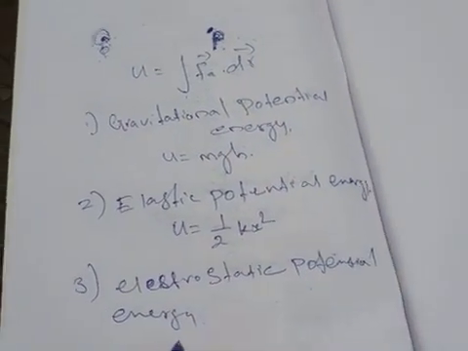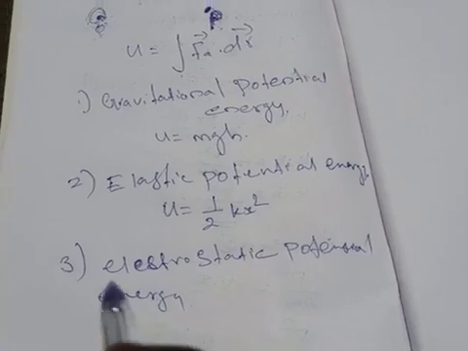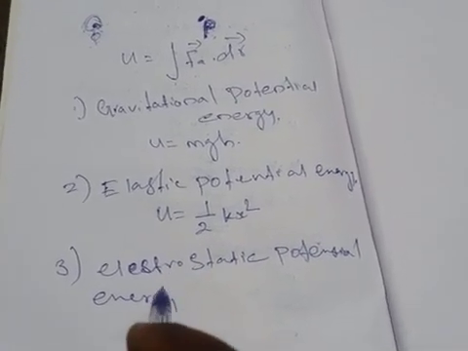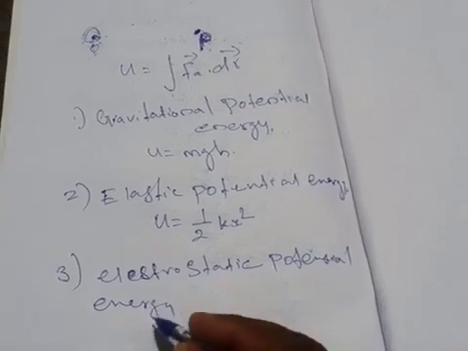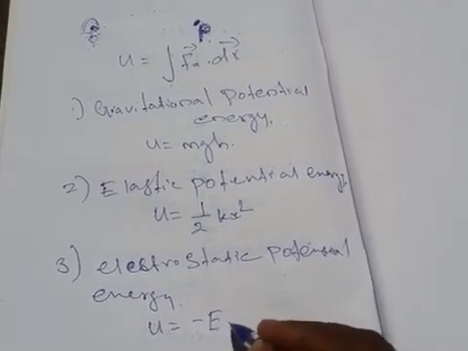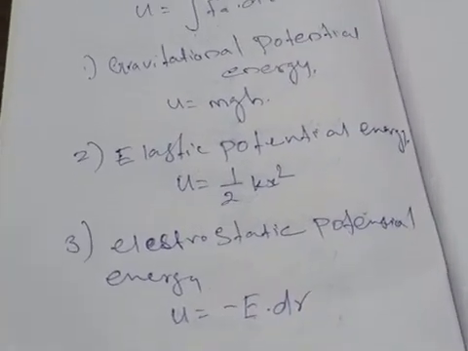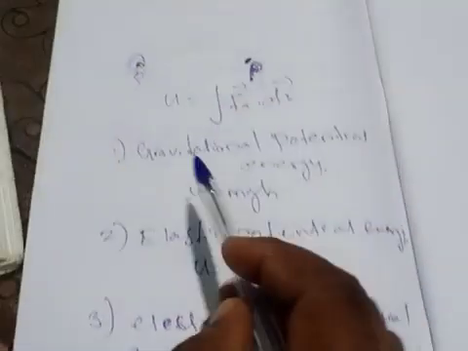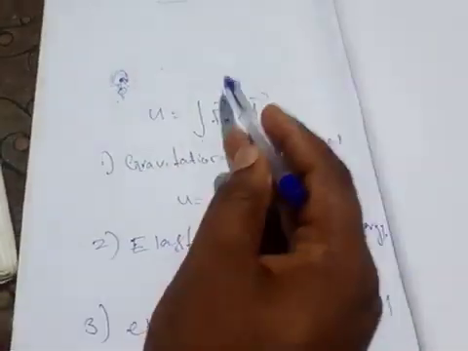So what is electrostatic potential energy? The energy due to the electrostatic force on the charges gives rise to electrostatic potential energy, and you can write U is equal to minus E dot dr. Assume that two charges are kept at these two points.